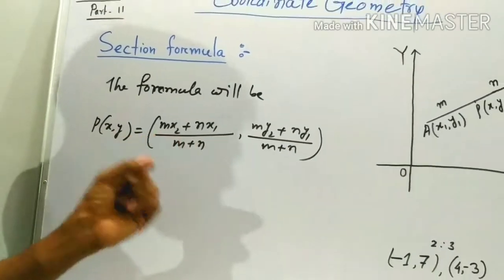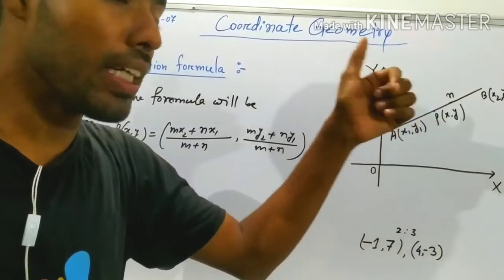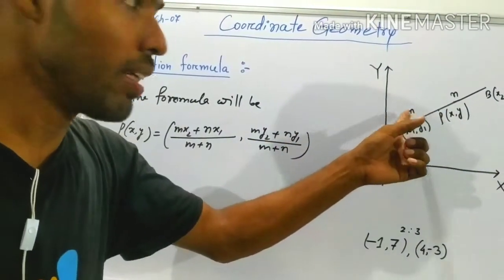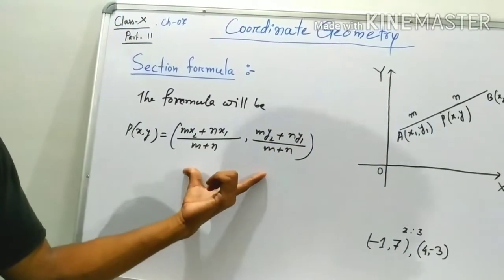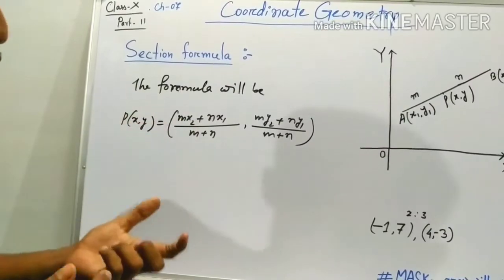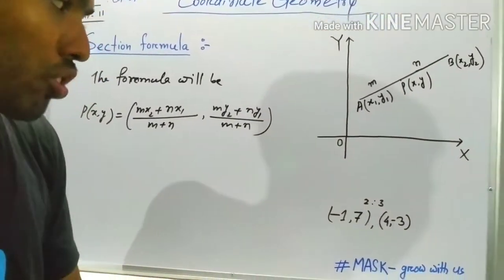Through this formula we can calculate the position of this point P, which divides the line segment in the ratio of m:n. Here this is m and this is n. With the help of this formula, we can calculate the position of a point if it divides a line segment into two sections.